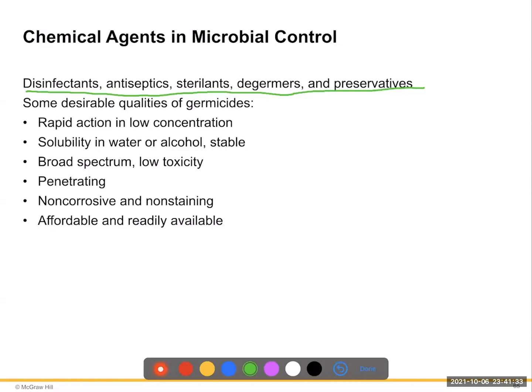You want it to be broad spectrum, killing several bacteria, not just one specific one, with very low toxicity to the people around the area. You want it to be penetrating, so it penetrates multiple layers, non-corrosive and non-staining, so you don't damage the materials you're sterilizing or disinfecting. And you want it to be affordable.